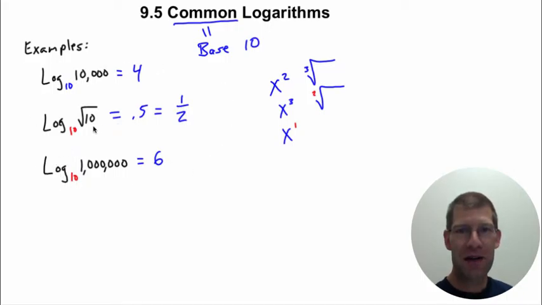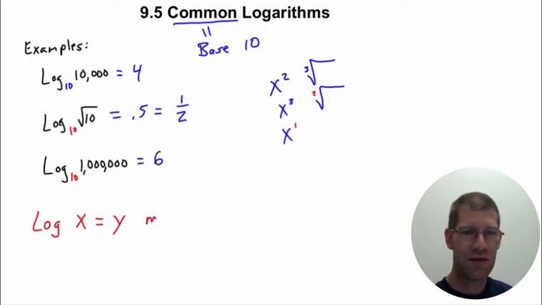And if you didn't see the pattern and you're like, what in the world is he talking about? Here's the rule for common logarithms. It's the same as what we had with regular logarithms, but now they'll say, if you have log of x equals y, so again, nothing's written in, so then you know the base is 10. So that means 10 to the y power equals x.